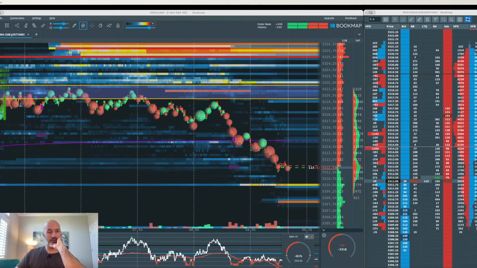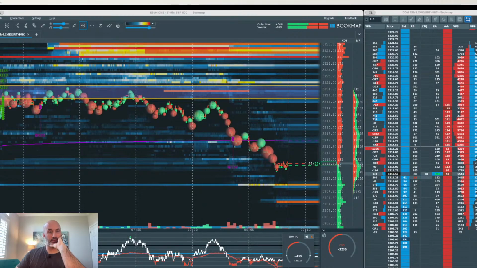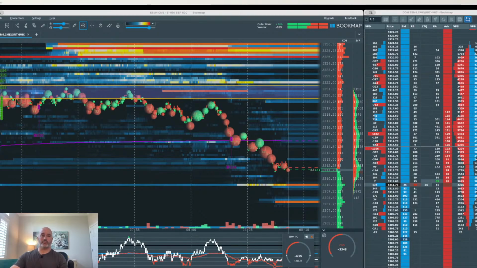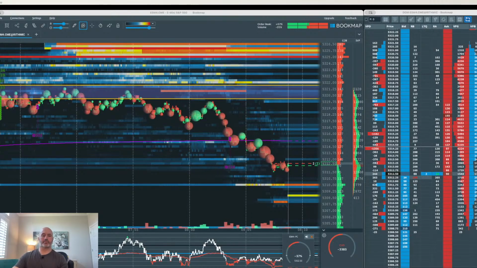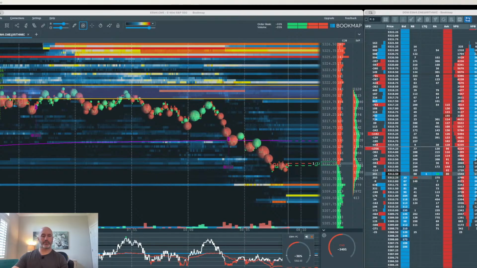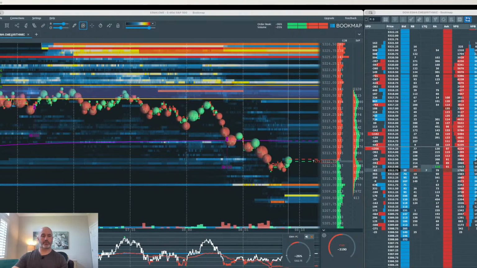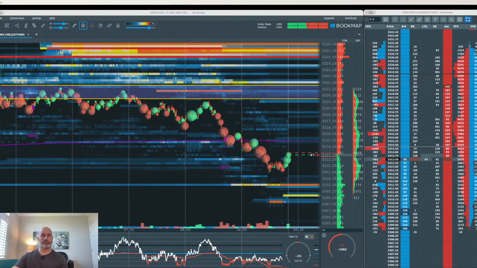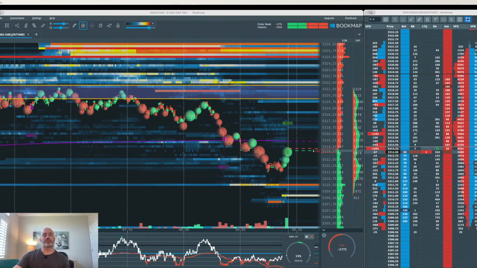Let's go, push through. Back up again. Sweep here, ESM for CME, buyers back up to VWAP, 53.14.